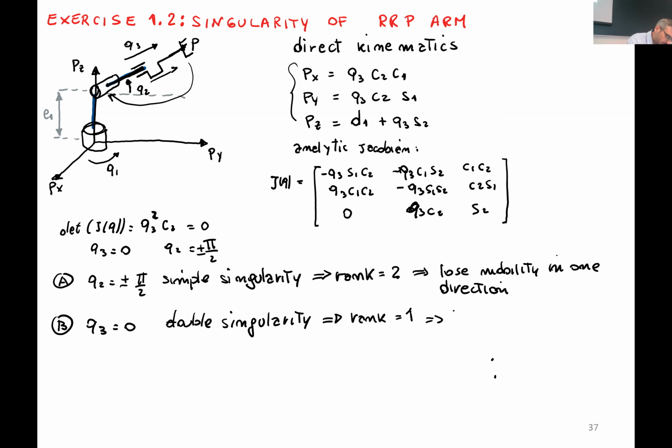So we lose mobility in 2 directions. And these are the internal singularities we were talking about.